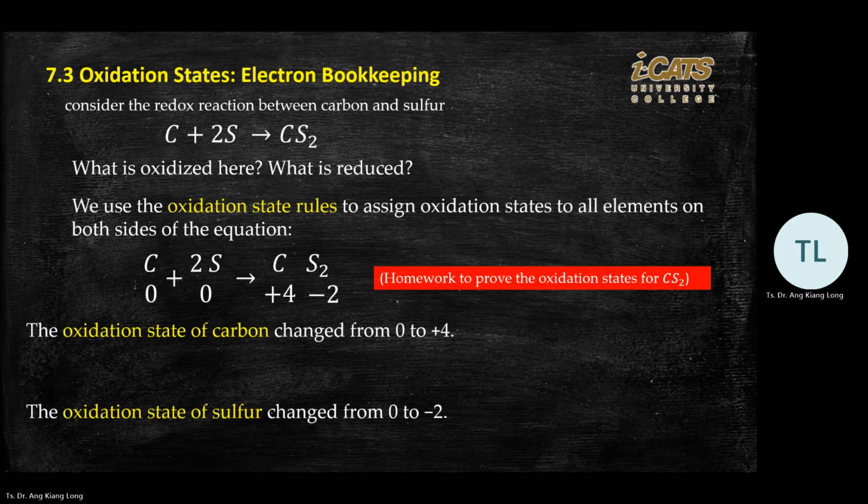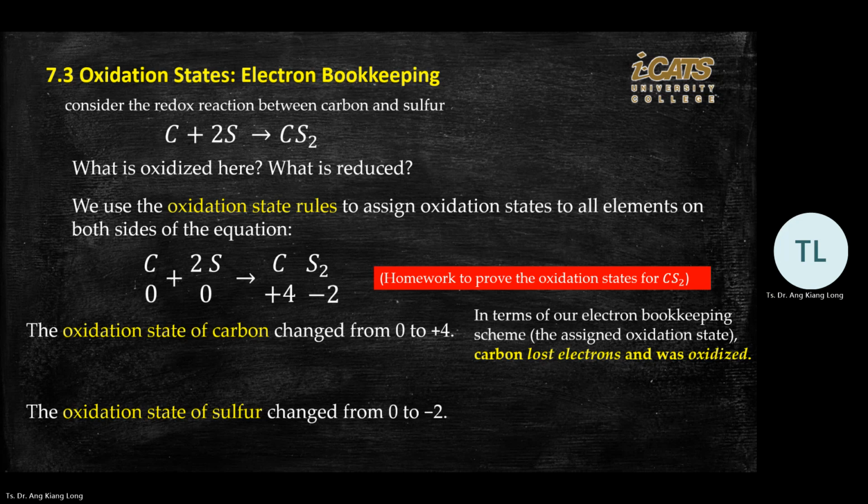Carbon on the left-hand side is 0; after the forward reaction, carbon oxidation state becomes plus 4. Agree? Then sulfur S oxidation state is 0; after the forward reaction, it goes from 0 to minus 2. Agree?